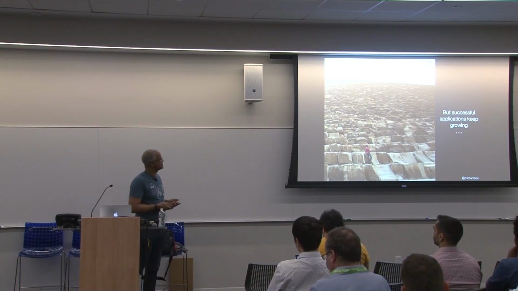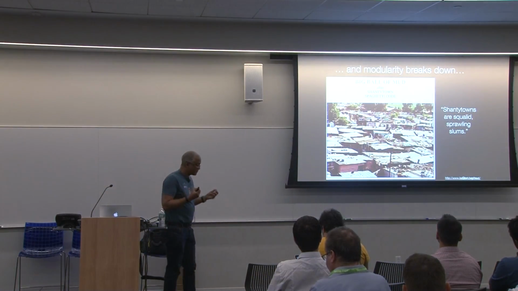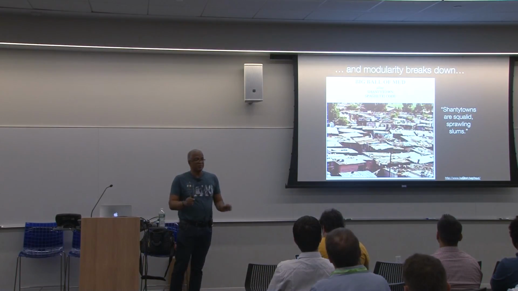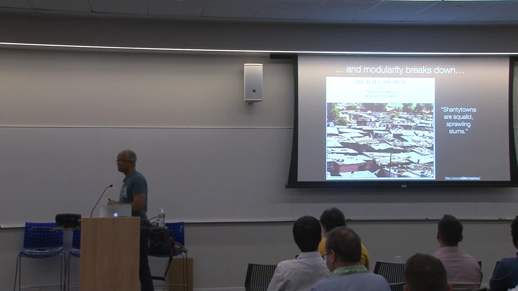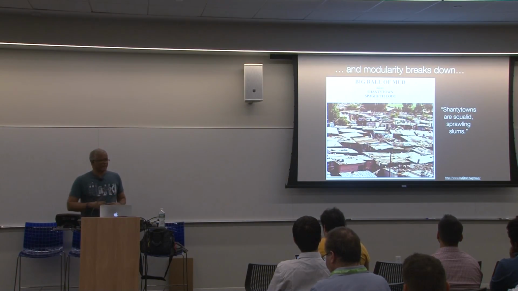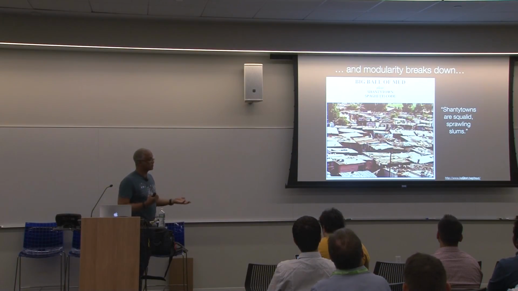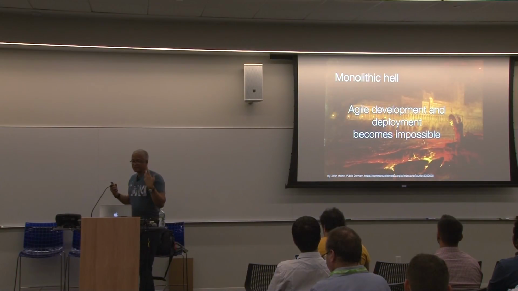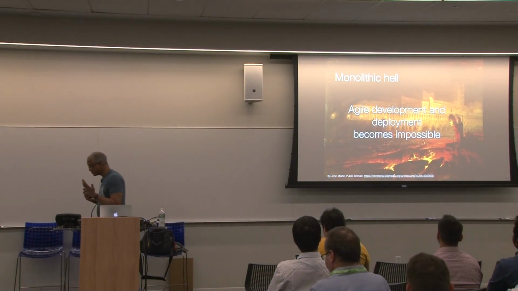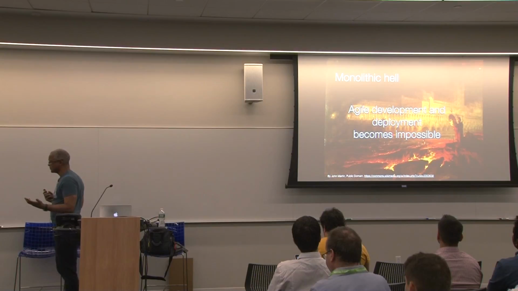And the problem that you run into is that it's very likely at some point modularity will break down, and you will end up with just this big ball of mud. So layers and modules just degenerate, and you end up with a code base that is a squalid, sprawling slum. And at that point, any notion of agility just flies out of the window.